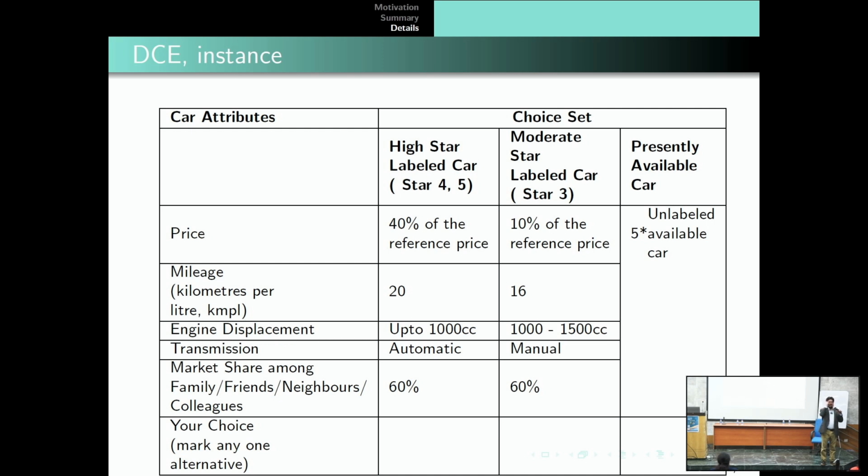Think about it, because that should be collinear. The best mileage should be associated with the best label. But we broke that collinearity artificially with our design. That is something that you have to be very aware of always. How do I break the collinearity in my design?